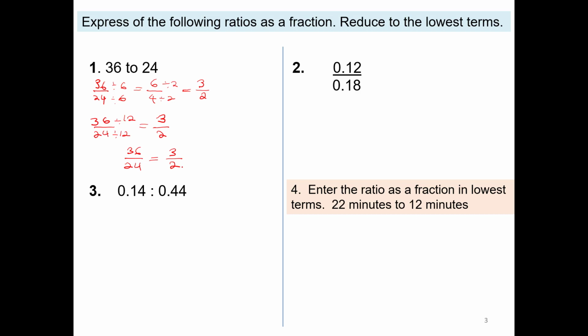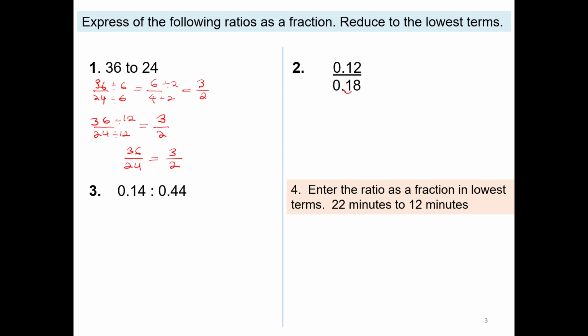We had 0.12 divided by 0.18. When we need to divide decimals, we don't want decimals in the denominator. Then what we can do is move 2 places in the denominator, or the divisor.